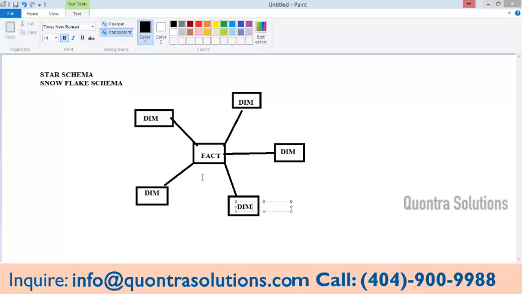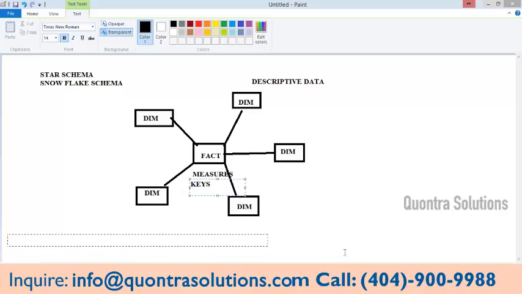What does the fact table contain? The fact table contains measures and the dimension table contains descriptive data. Apart from measures, my fact table contains the keys of the dimension tables to refer to the dimensions.